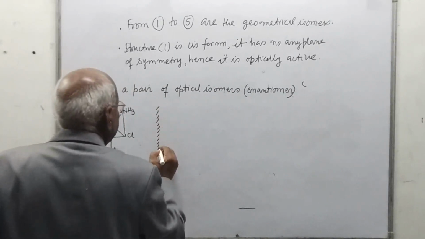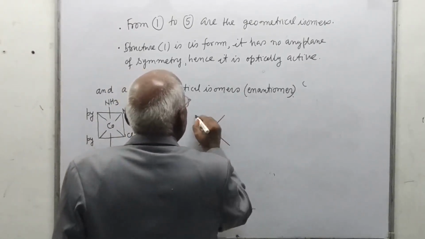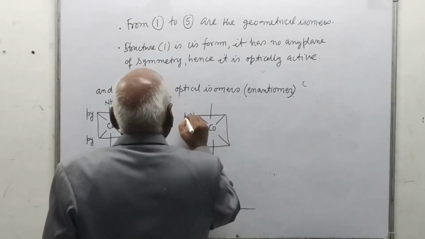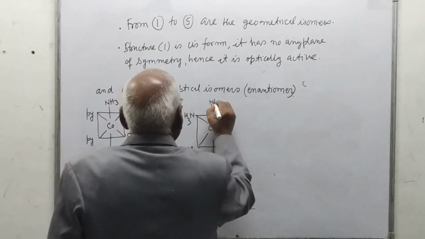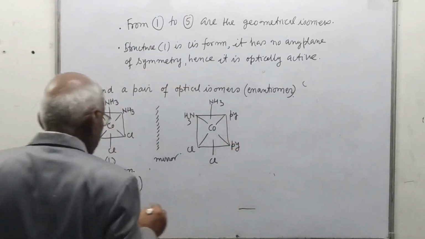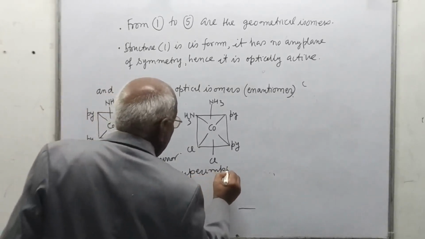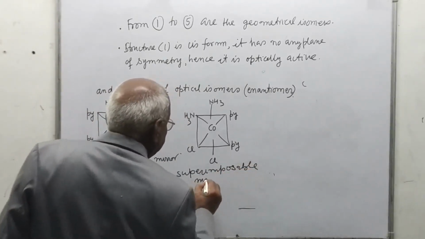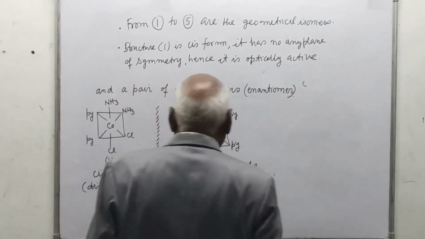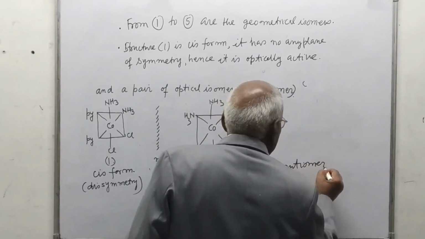You put the mirror here, and this is the structure: like that, NH3 here, Cl, NH3, Cl, and here pyridine, this is pyridine. So this is the non-superimposable mirror image. So this form is optically active and has a non-superimposable mirror image. That means it is in enantiomeric form, it makes an enantiomer.